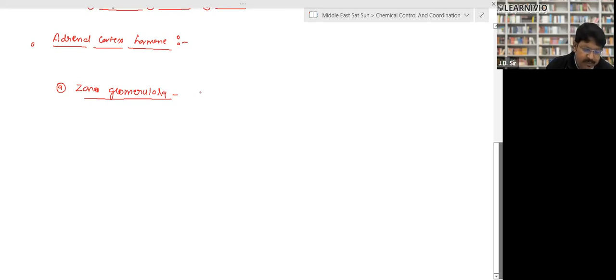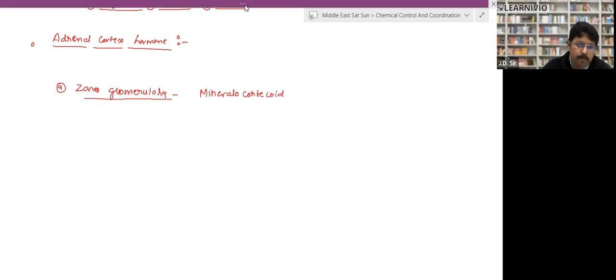This layer secretes a group of hormones called mineralocorticoids.